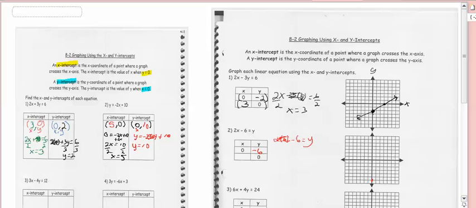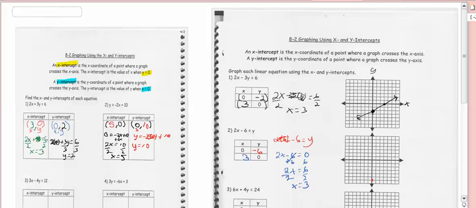And then I'm going to use a different color. And this time I'm going to make my y 0. So I have 2x minus 6 is equal to 0. I need to solve for x, so I'm going to move the 6 to the other side. 2x is equal to 6. Divide by 2, divide by 2. My x is equal to 3.